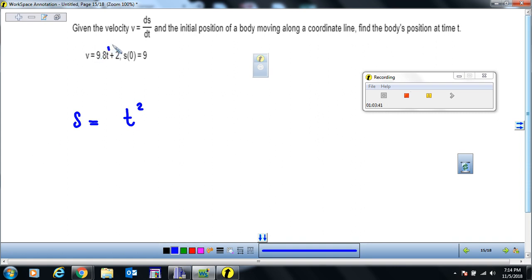Because if you add 1 plus 1, the original exponent had to be this. So how is it that 9.8 is here? So when you were going to take the derivative, you were going to bring this number to the front, multiply times something, and the result was 9.8. So then 2 times something was 9.8. So in other words, divide 9.8 by 2, which would be 4.9.